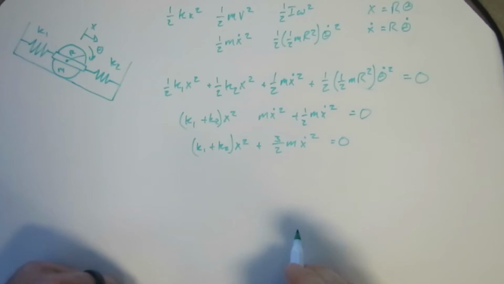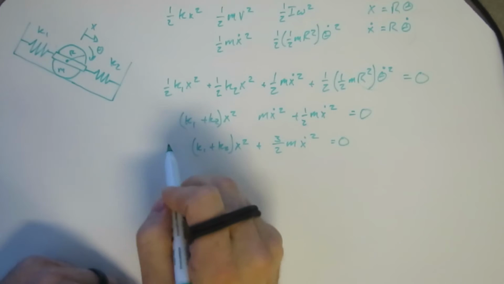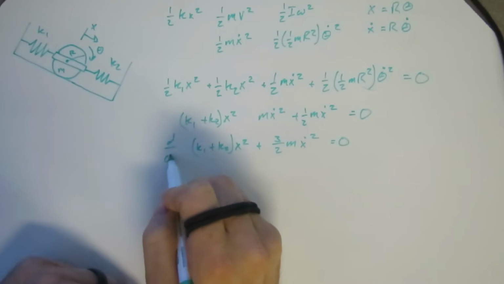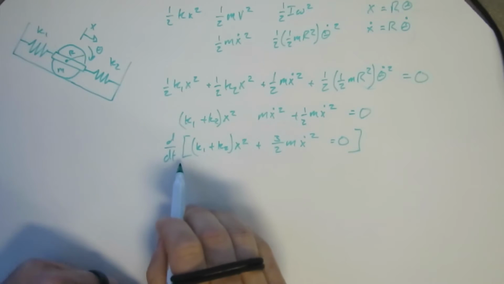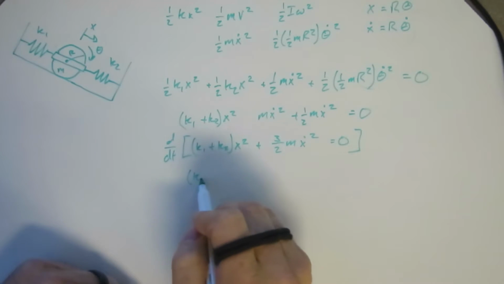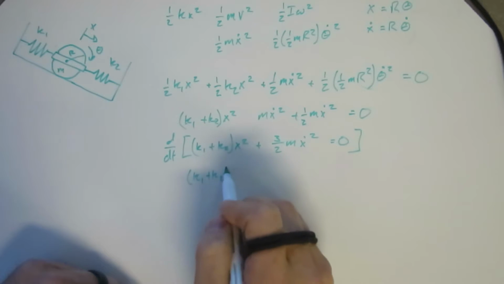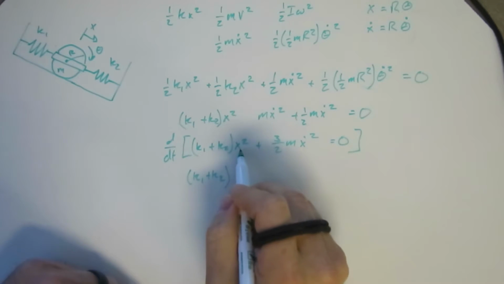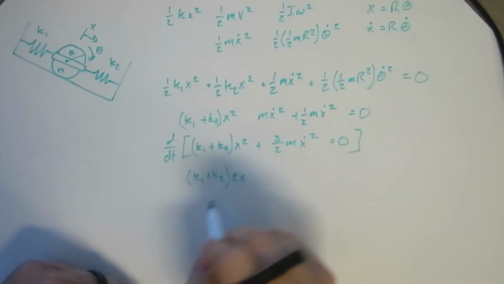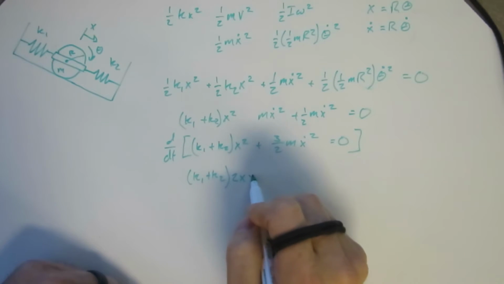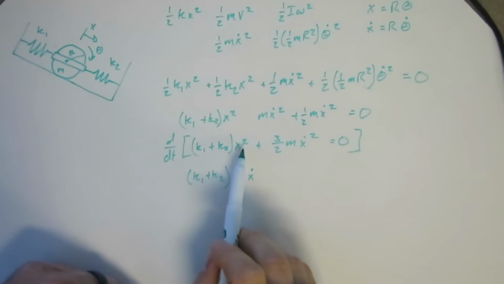Alright, so we need to get x double dot into here, so we're going to take d by dt of this whole thing. So we will get K1 plus K2 times the derivative with respect to x, and then the derivative with respect to t. This is by chain rule.